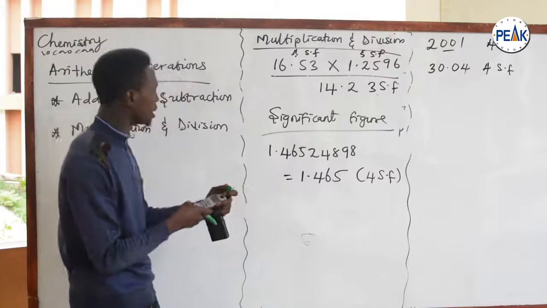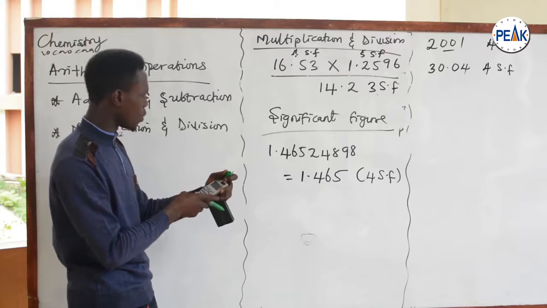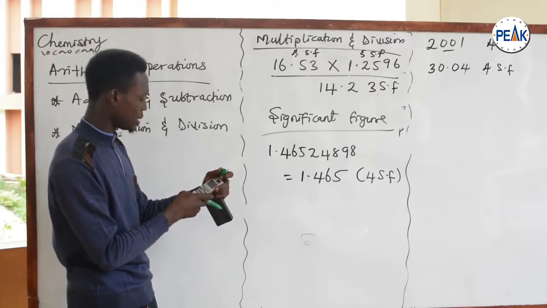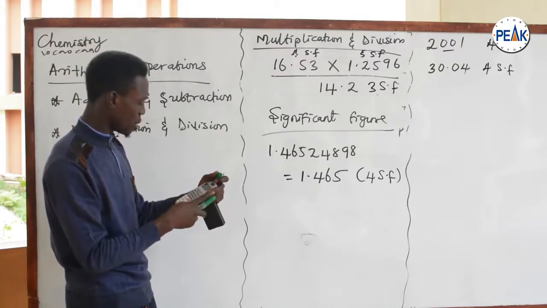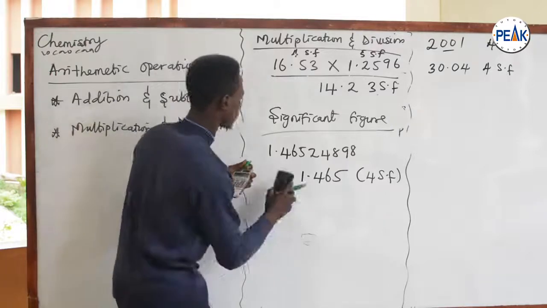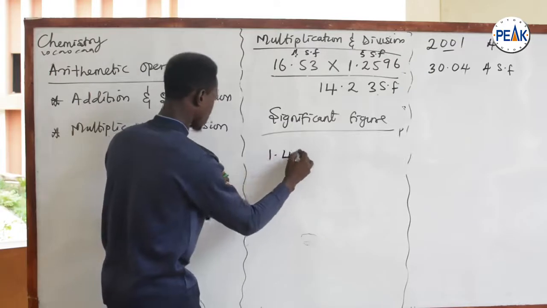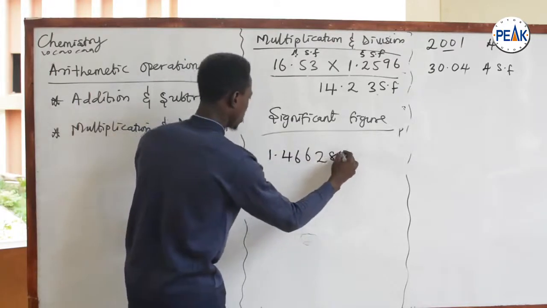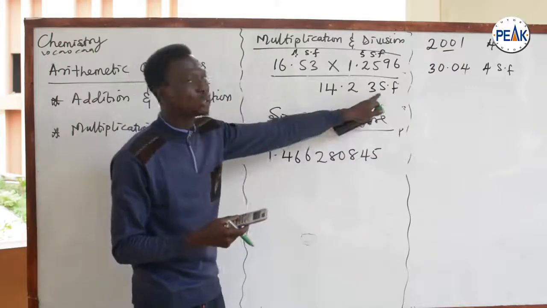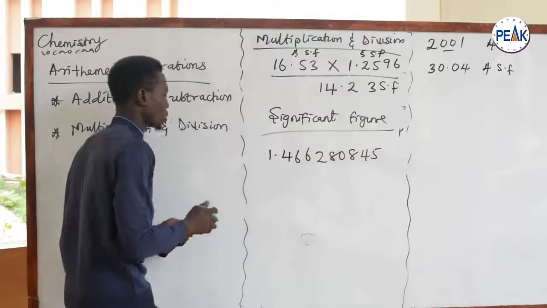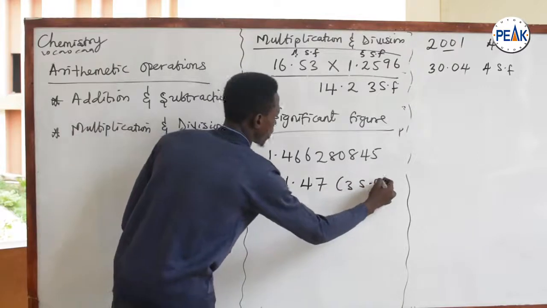So if I punch this on my calculator, 16.53 multiplied by 1.2596 divided by 14.2. By my calculator, I have 1.466280845. So I'm going to leave my answer to 3 significant figures, and that becomes 1.47 to 3 significant figures.